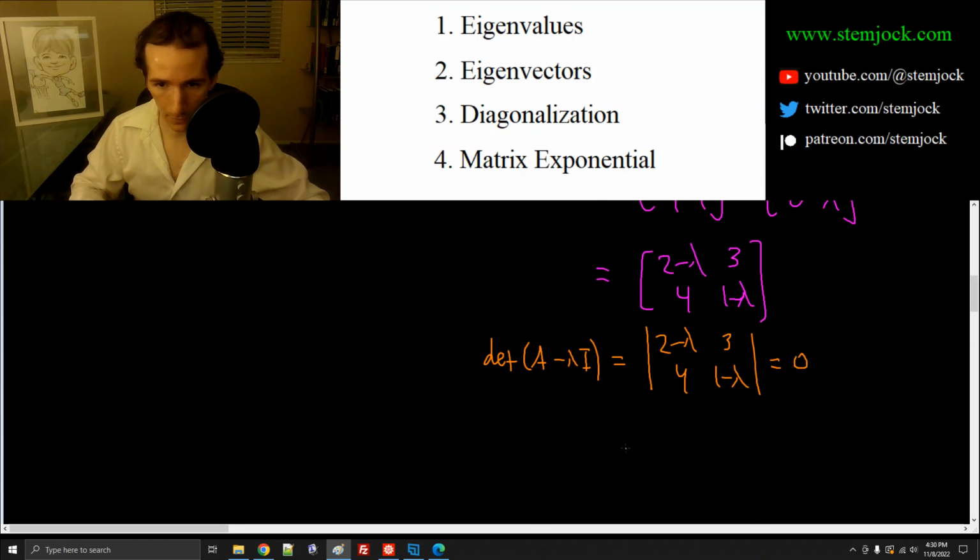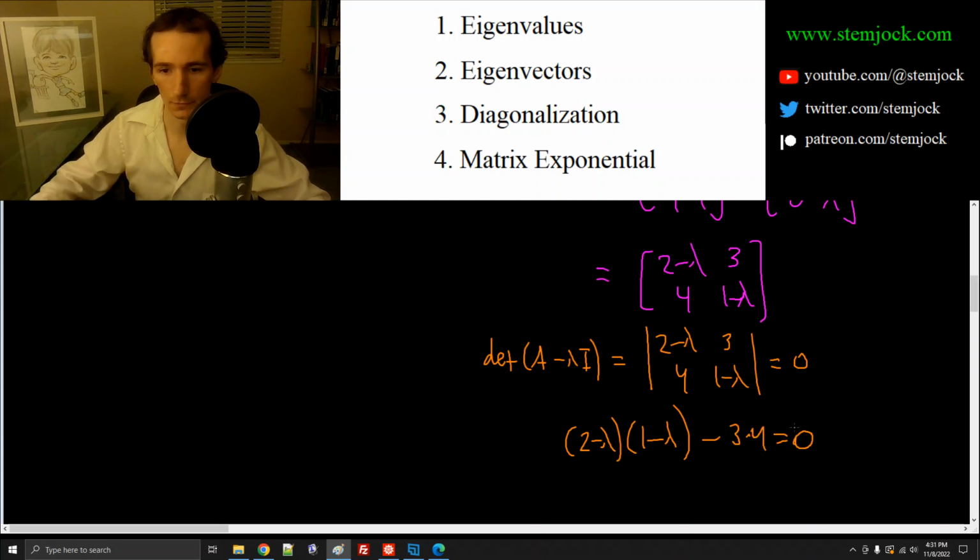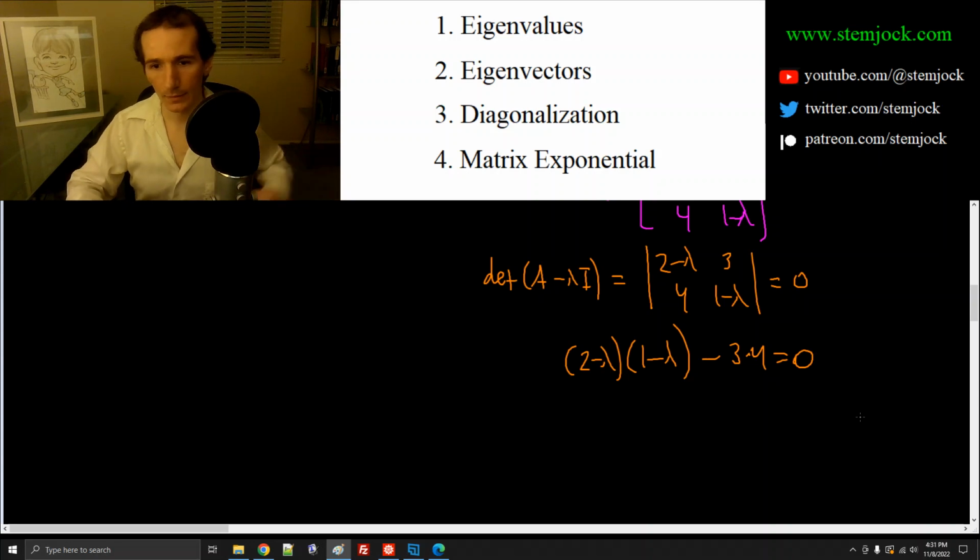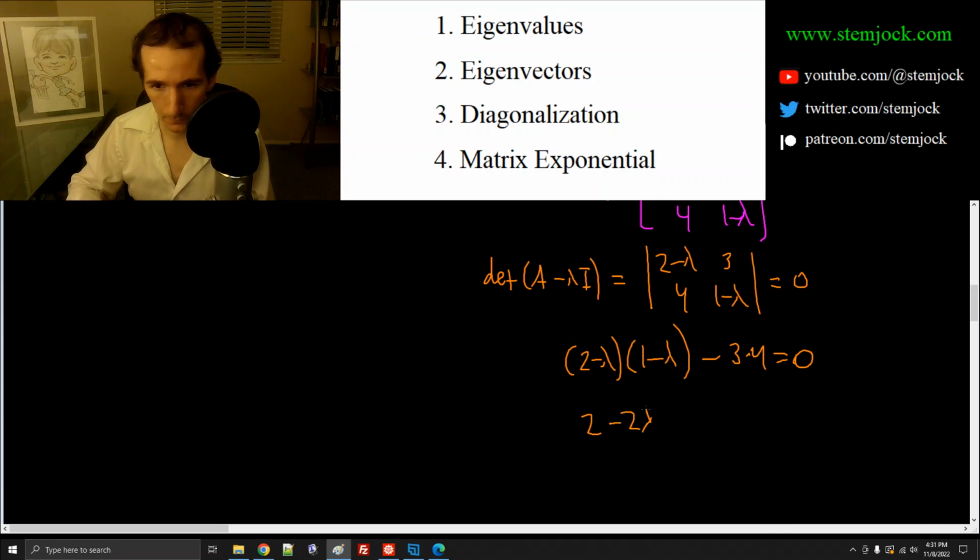I'm going to have 2 minus lambda times 1 minus lambda, and now minus 3 times 4. This is equal to 0. And now I'm just going to expand the left side here. So 2 times 1, that's 2, minus 2 lambda, minus lambda, plus lambda squared, and minus 12 equals 0.